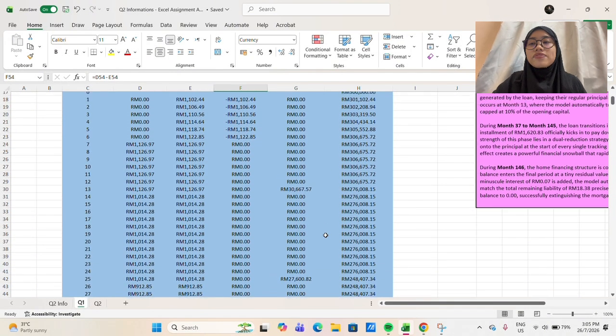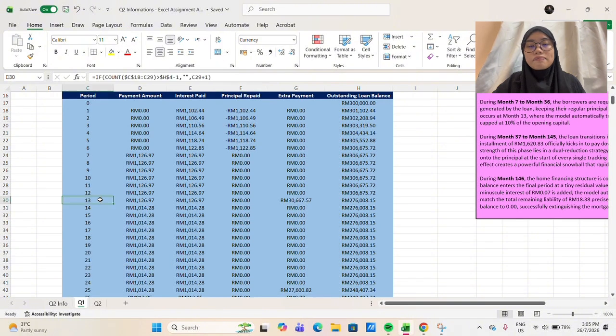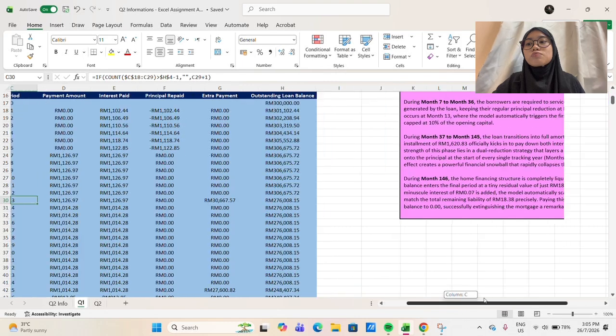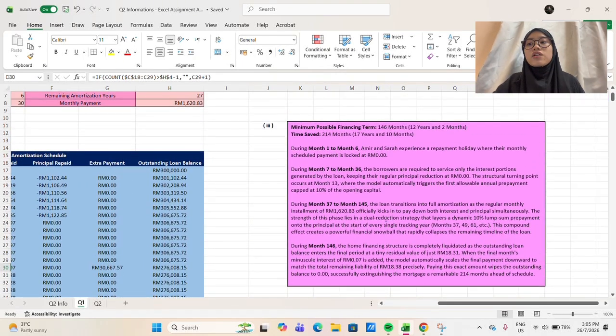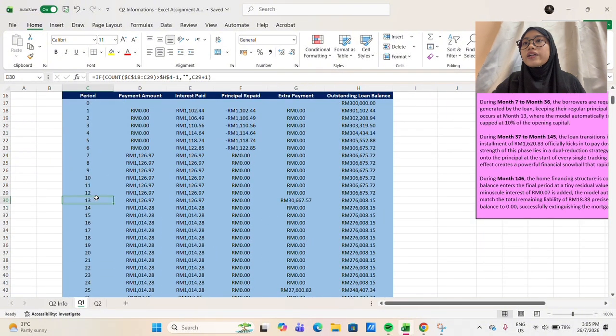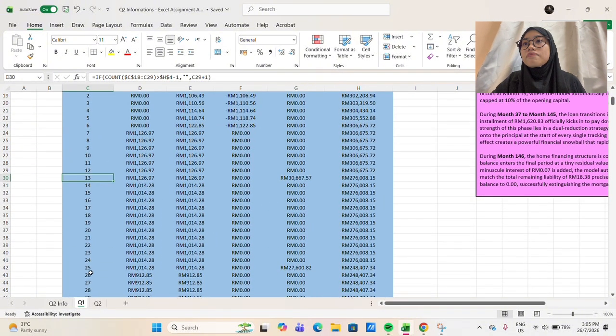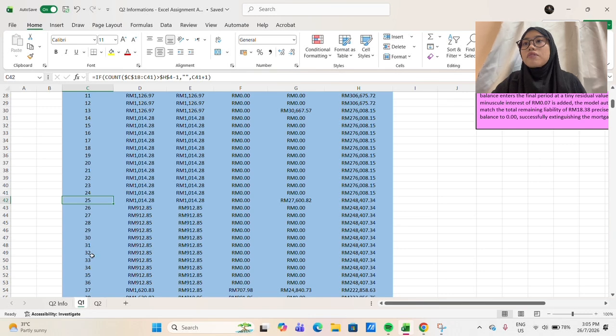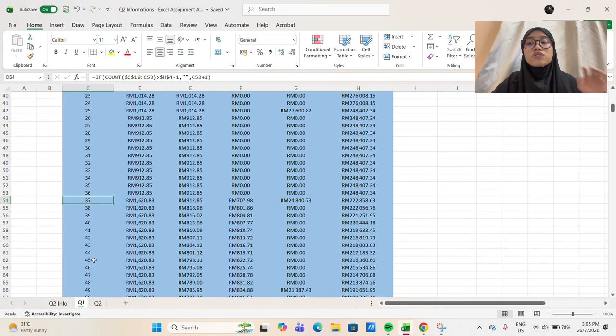To maximize the time value of money impact, our model executes this 10% cash injection at the absolute earliest possible moment, the first month of every year, which is month 13, month 25, month 37, month 49, and so on.